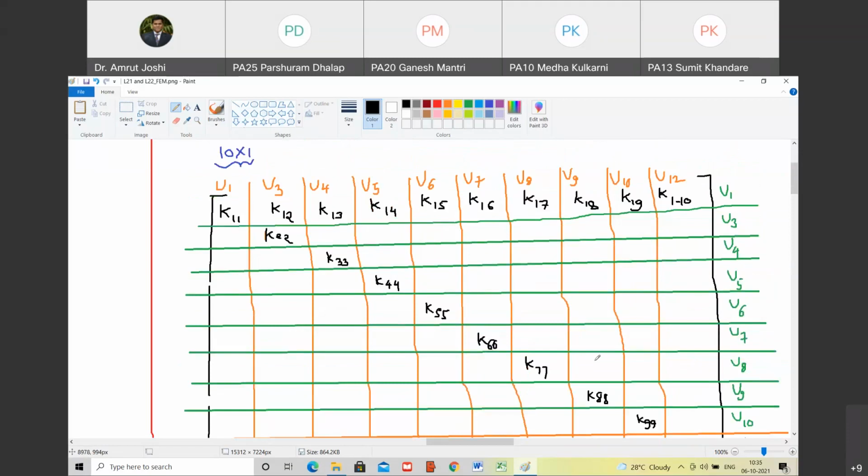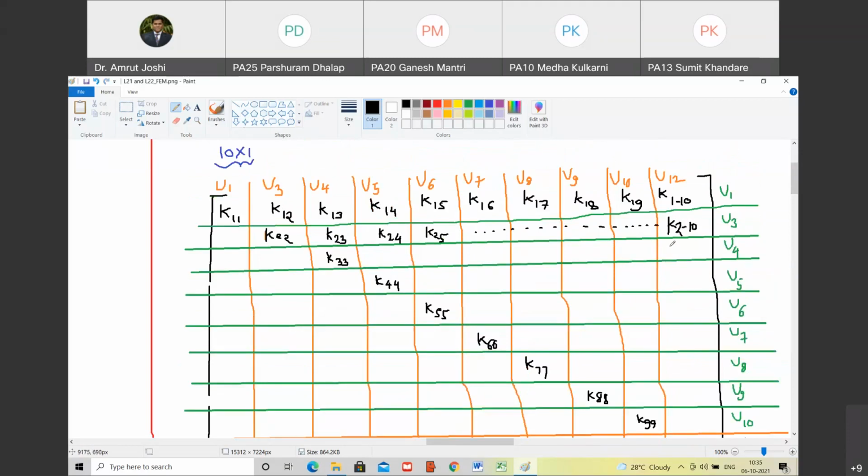Then what are these elements? K23, K24, K25. This will continue like this. And you are going to have K210.